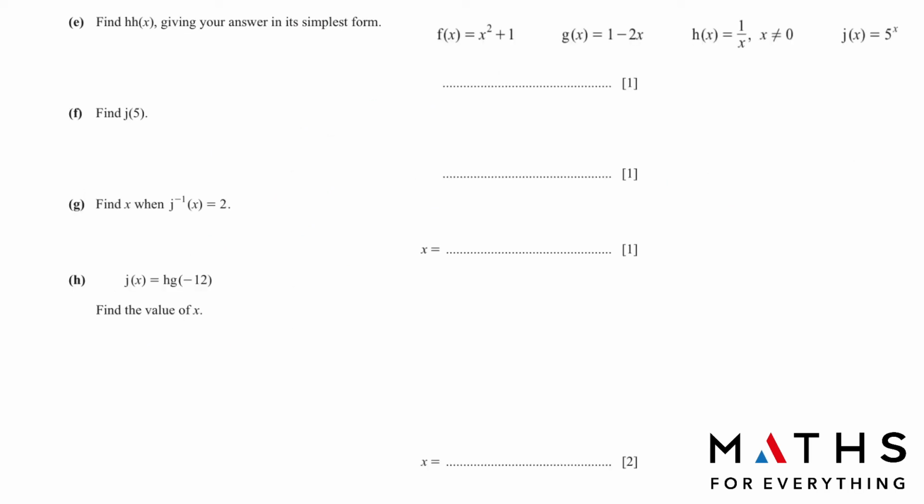In part E, we want to find h of h of x, giving your answer in its simplest form. So h of h of x will be, we have 1 over x. In place of this x, we are going to write 1 over x because that is our h. This means it is 1 divided by 1 over x.